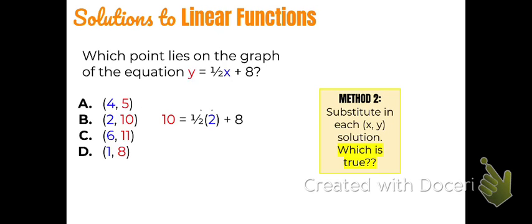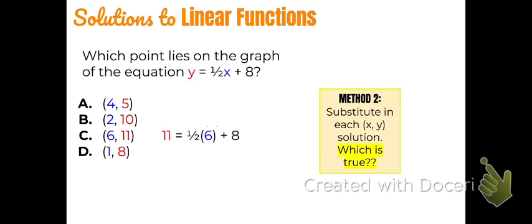If you're doing this, put it into your calculator to double check and make sure you're not making any mathematical errors. See if that is 10. If you put this in your calculator, you are going to see that that equals 11. So the answer is C. When you put 6 in for x, the answer is 11. So that is one of the methods you can use.